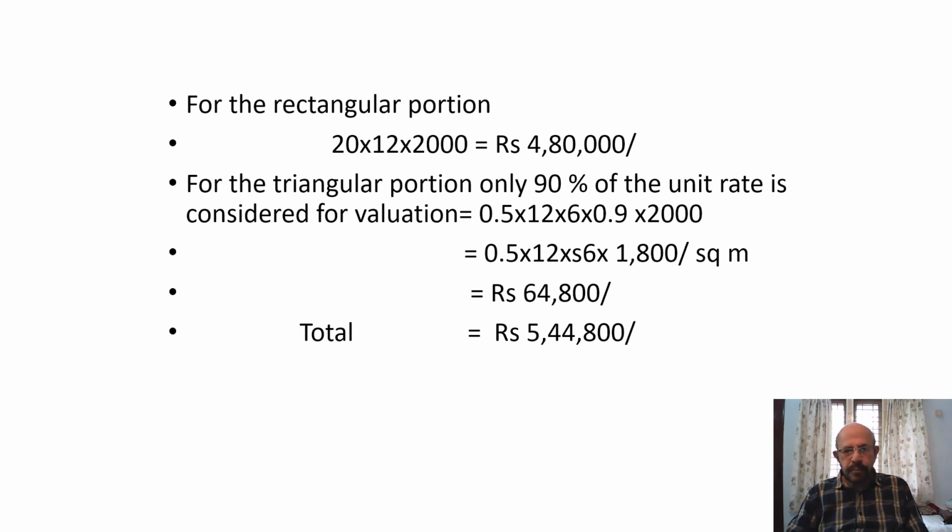Because the other portion is in the shape of a triangle, it may not fetch the same price as the rectangular portion. So here a deduction of 10% is made, so only 90% of the unit rate is considered for valuation. That is equal to 0.5 into 12 into 6 meters into 90% of 2000, which is equal to rupees 64,800. So the total is 5,44,800.